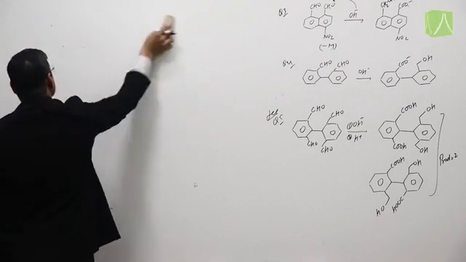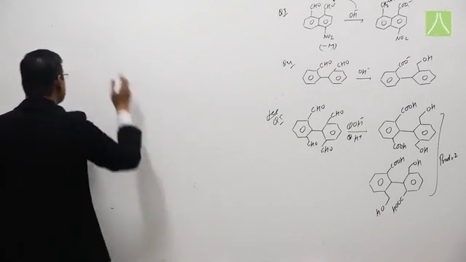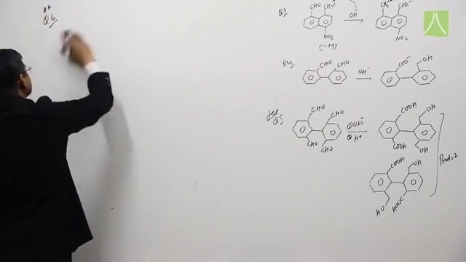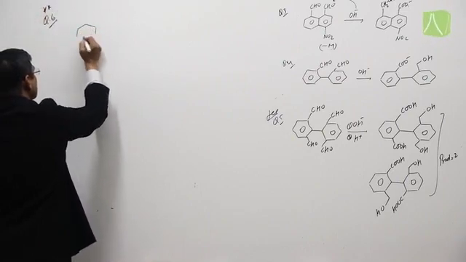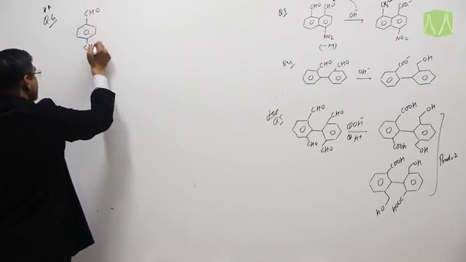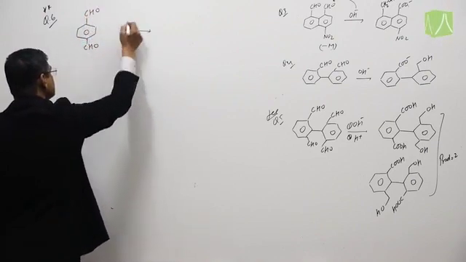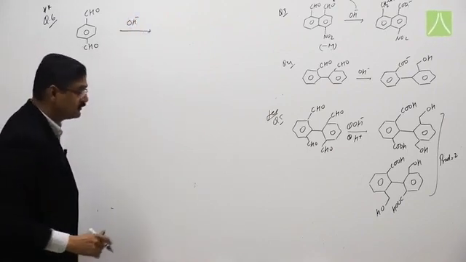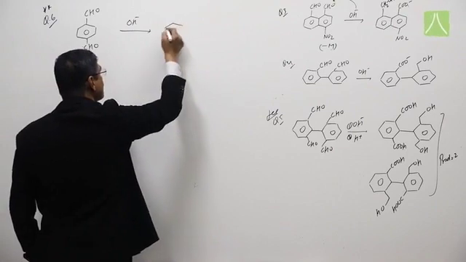Now some intermolecular reactions. In question number 6, suppose I have taken this dialdehyde. Then an intramolecular reaction is not possible. So intermolecular products are obtained.